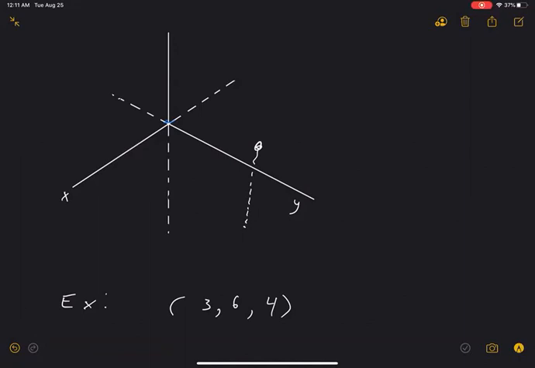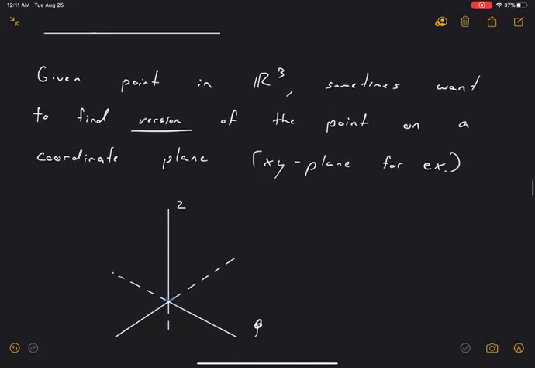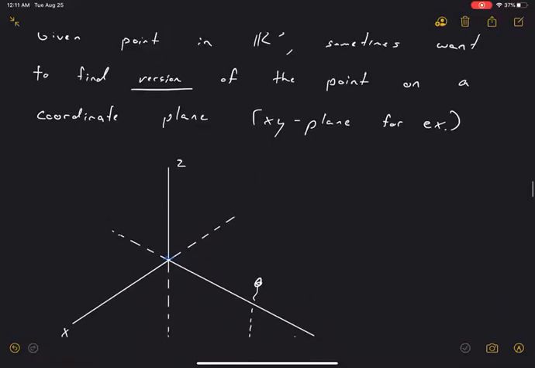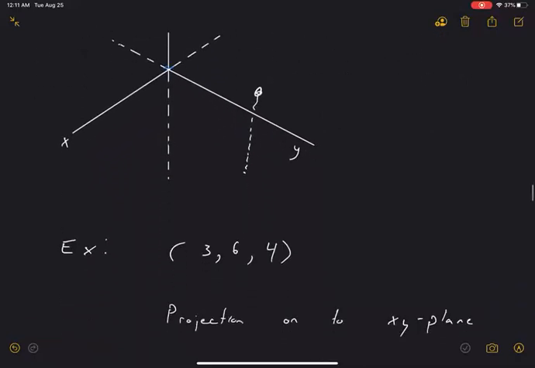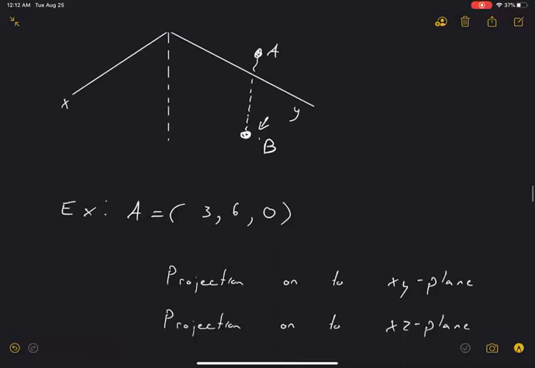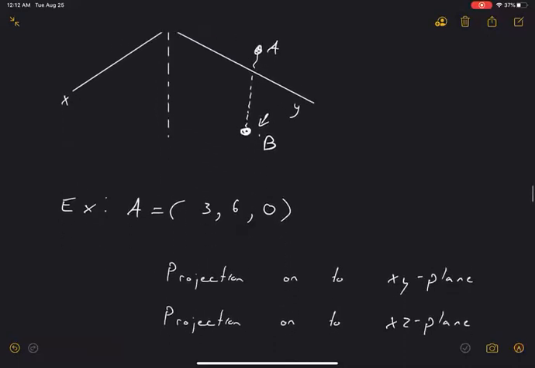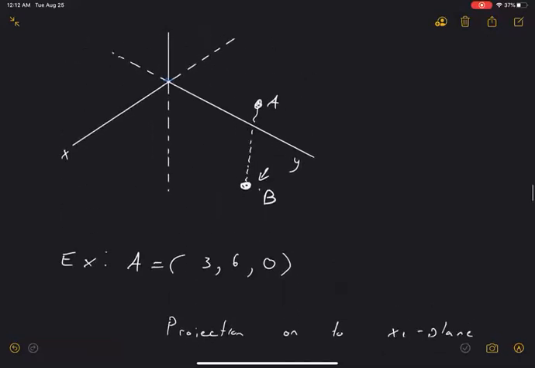Now, let's say I want to find its projection onto the XY plane, meaning I want a version of this point that is confined to the XY plane. How could I do that? Remember, the XY plane is all the points whose Z coordinate is 0. So let's just make this 0. That gives me that point down there. If we label this point A and this point B, B is the projection of A onto the XY plane.